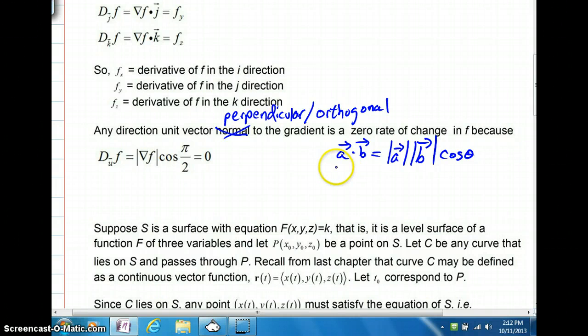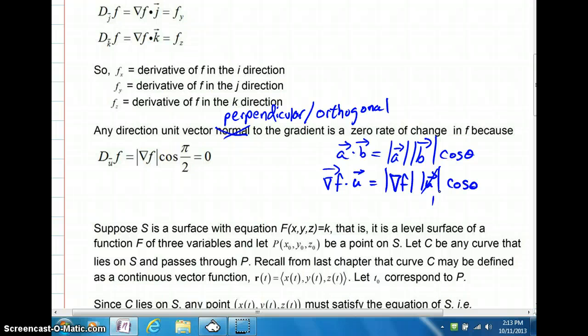So real quickly, guys, what we know is that the gradient of f dotted with a unit vector u is going to be the length of the gradient vector times the length of u, which is 1, times the cosine of theta. So, of course, what we're seeing is the cosine of pi over 2 is 0.